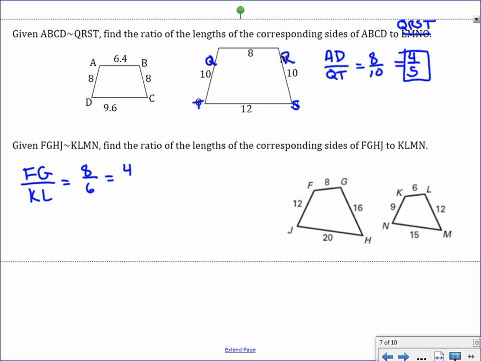Both are divisible by 2, so I get 4 over 3. You would get the same thing if we were to use other numbers. If I used 12 and 9, both of those are divisible by 3, I should still get 4 over 3. So a 4 to 3 ratio is our answer.